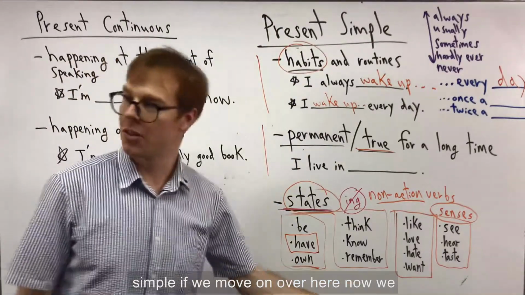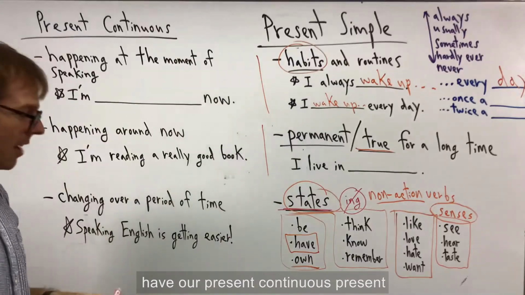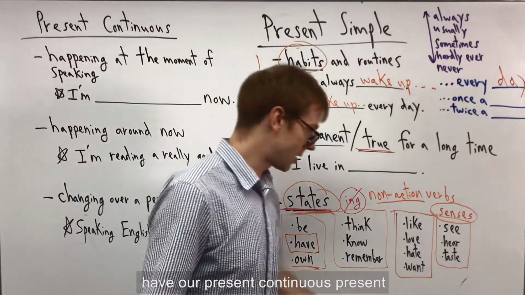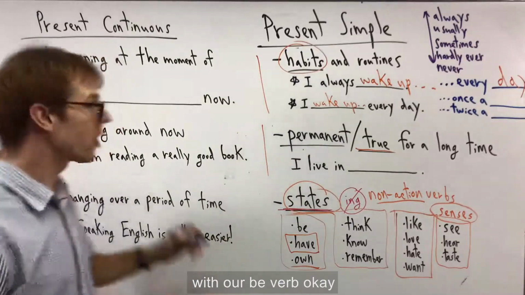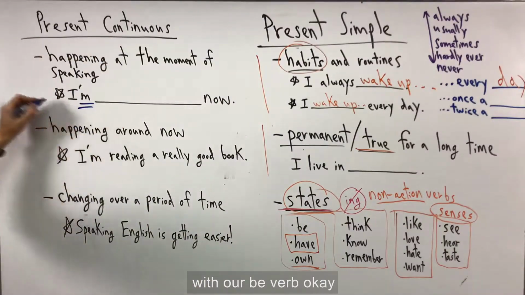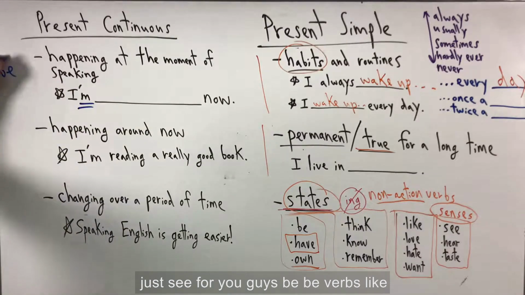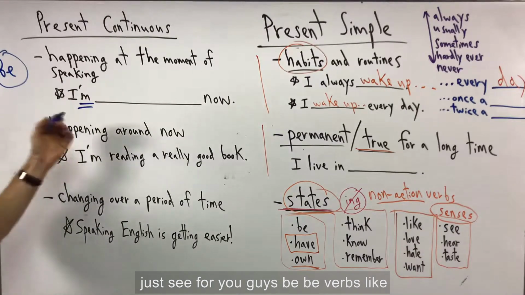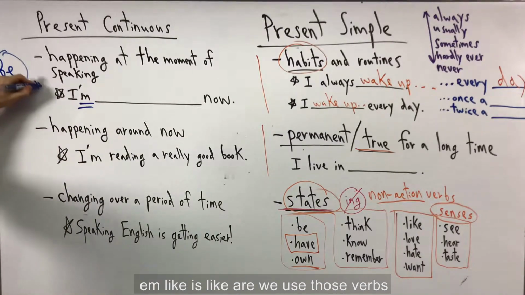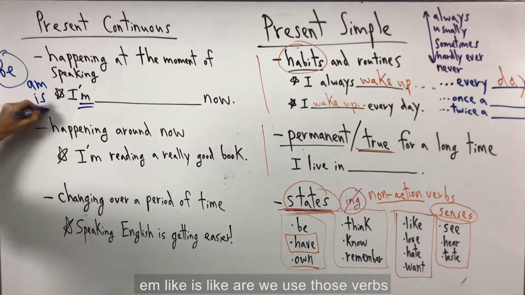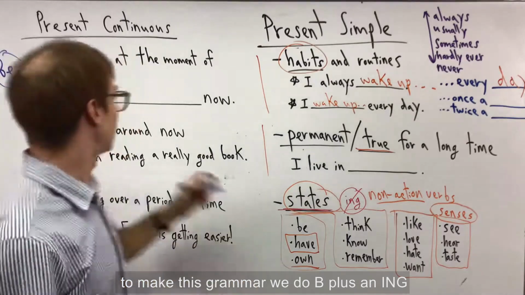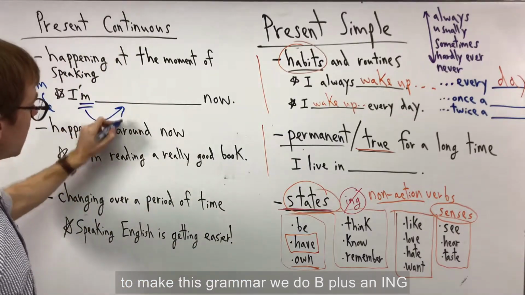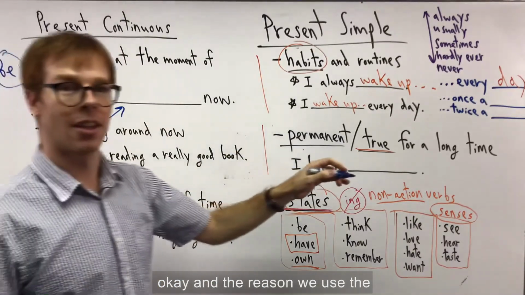If we move on over here, now we have our present continuous. We make the present continuous with our be verb: am, is, are. We use those verbs to make this grammar. We do be plus ing.